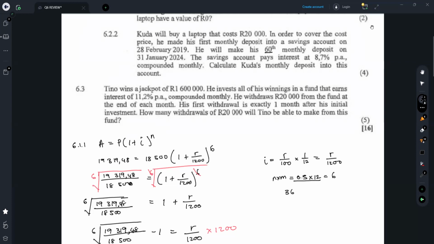Okay. And now here they're saying that his first withdrawal is exactly 1 month after his initial investment. This is your normal case. Remember that usually when we make payments of a loan, when you make a payment of a loan, 1 month after taking the loan, that's when you usually make your first payment. All right. So now this is a reverse of that. Instead of thinking in terms of a loan, we are thinking in terms of the winnings, and we're drawing off those winnings.